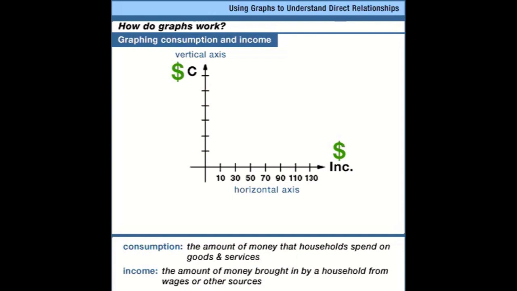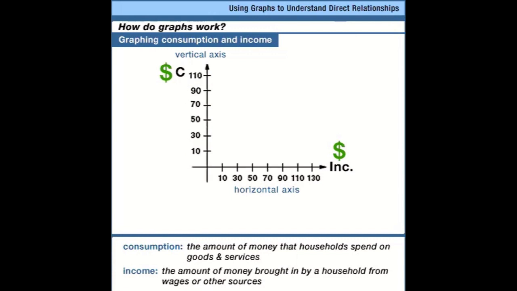I'll calibrate using tens, and I'll skip every other one so that I don't get too crowded. Here's $50,000 in annual consumption spending. Here's 70. Here's 90. Here's 110. And just let the numbers go on up.